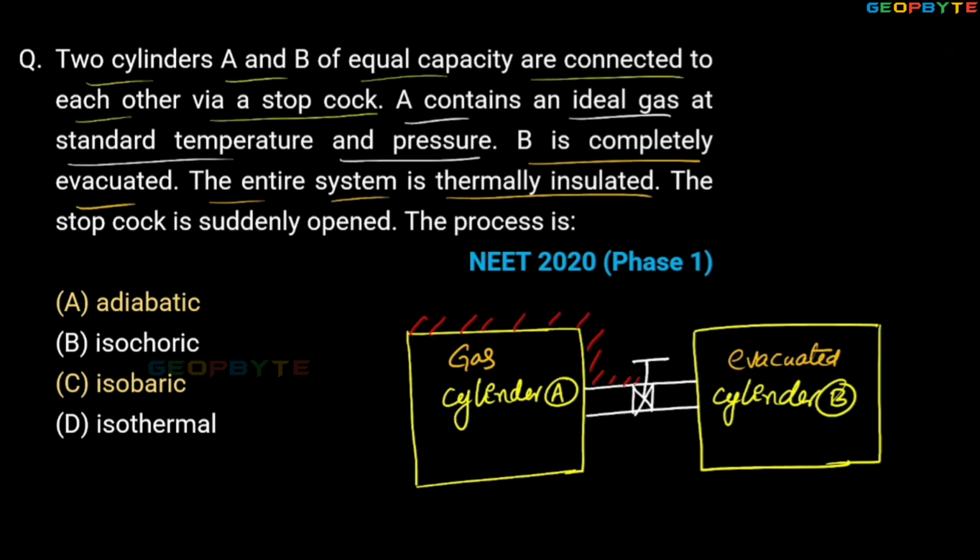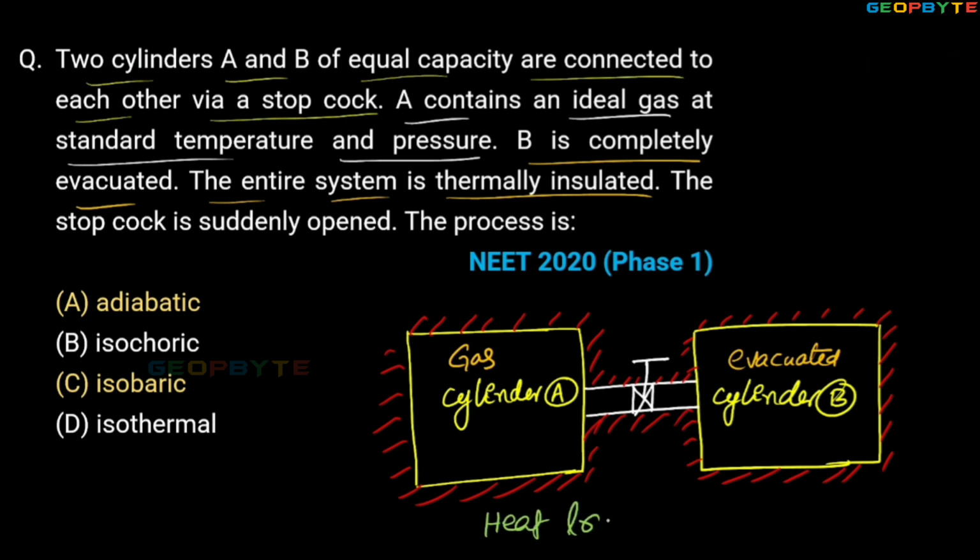Once the entire system is perfectly insulated, the heat transfer Q equal to 0. Then the system is coming under an adiabatic system. Heat transfer Q equal to 0 because it is perfectly insulated.